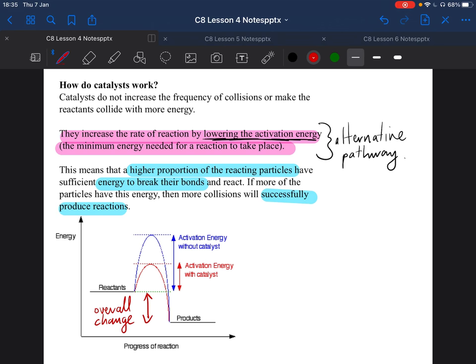So if we look at our diagram here, what we can see is if we have our reaction happening without a catalyst, the activation energy is higher. That means less particles will successfully react.